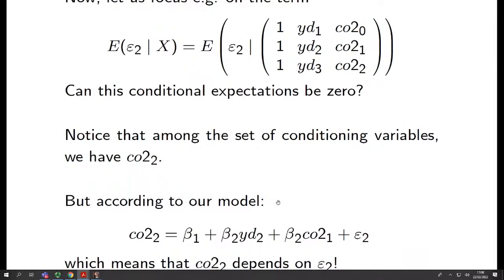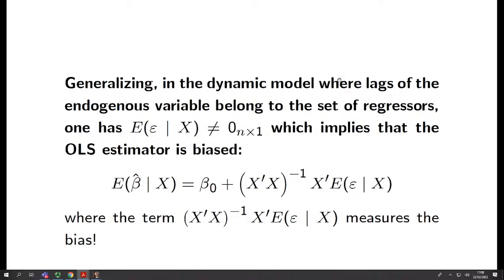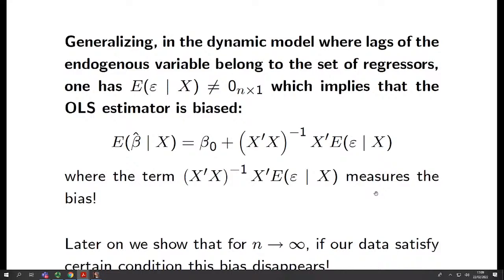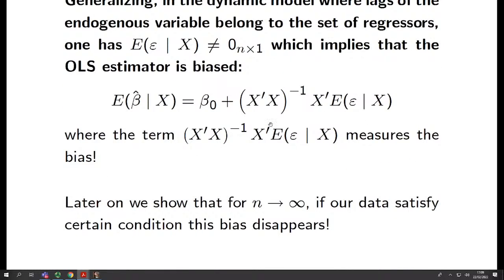So, in this case, we are in a situation in the dynamic model. By dynamic model, I mean a model in which the endogenous variables enter among the regressors with time t minus something. In that case, we have the following condition, which implies that the OLS estimator has a bias, because we are not killing this term. And this object here measures the bias.